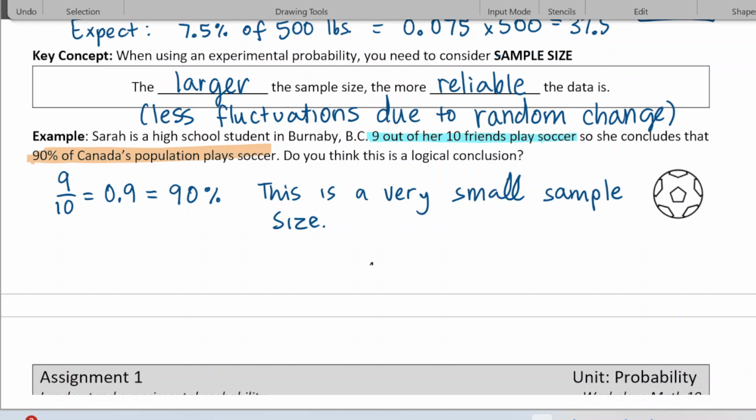Also, it's a very specific group of people. It's her friends. So if she plays soccer, she probably is friends with people who play soccer too. So it's not like a good data set that represents all the different types of people in the population. So the data is not reliable enough to make this conclusion.